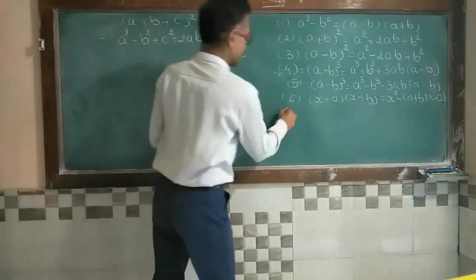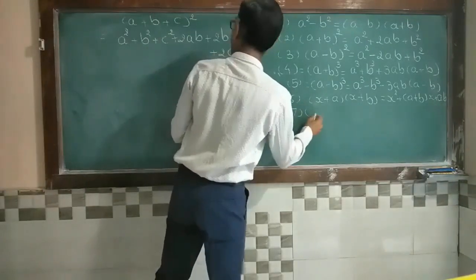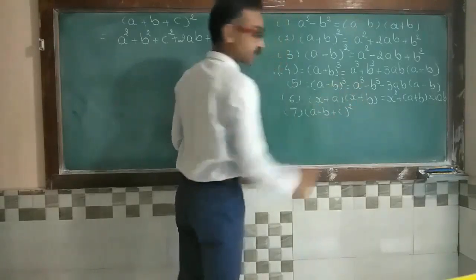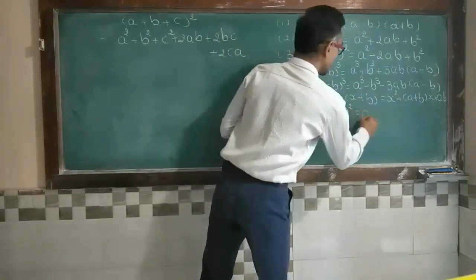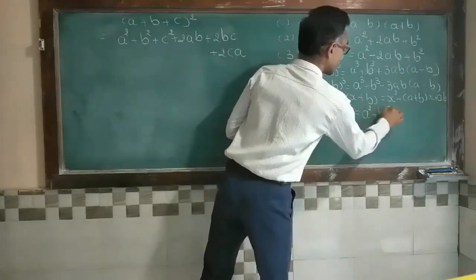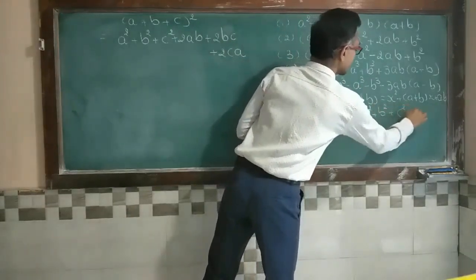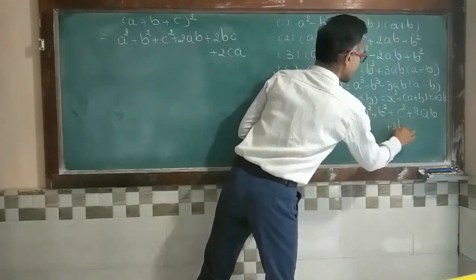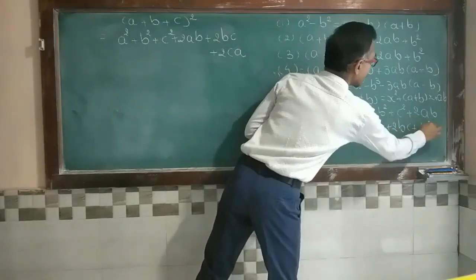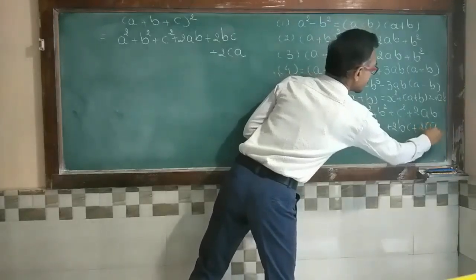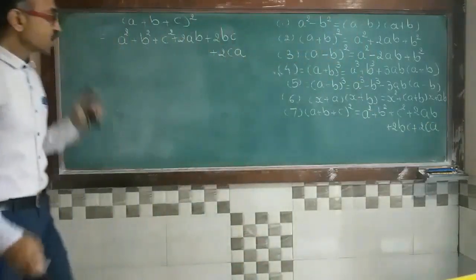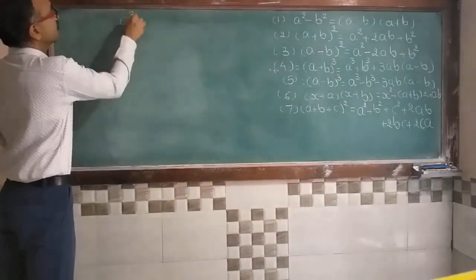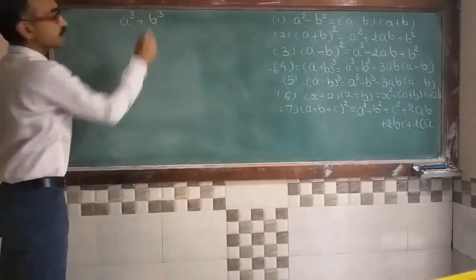So the seventh is, if you are given (a plus b plus c) whole raised to square, the answer is a square plus b square plus c square plus 2ab plus 2bc plus 2ca. Okay?